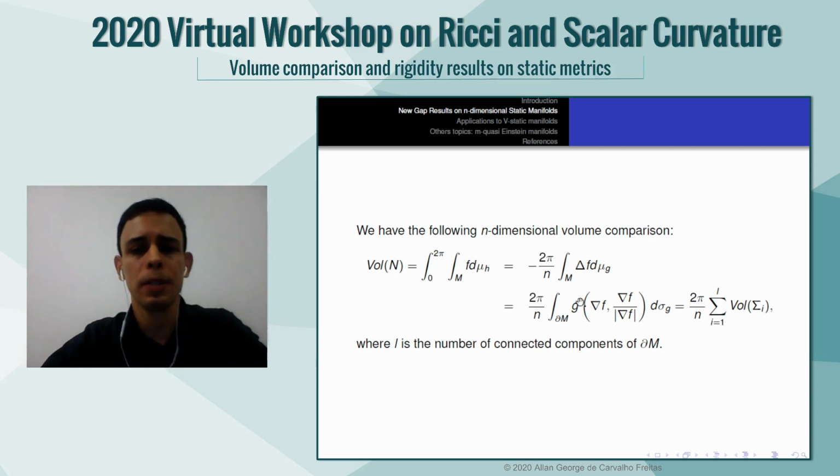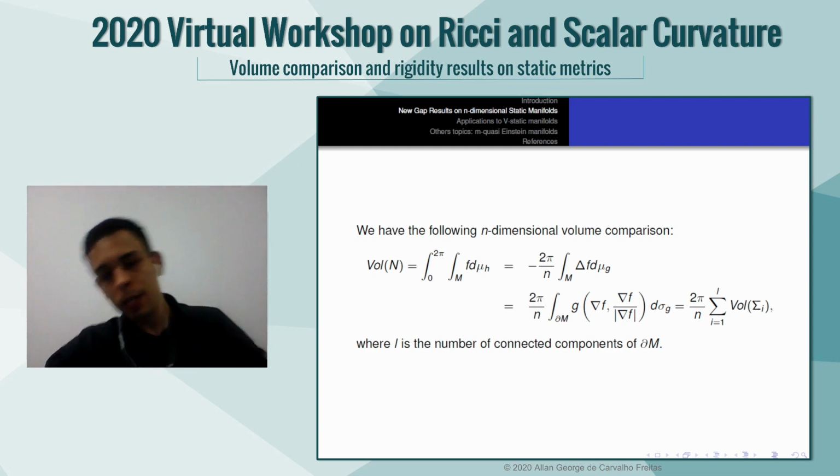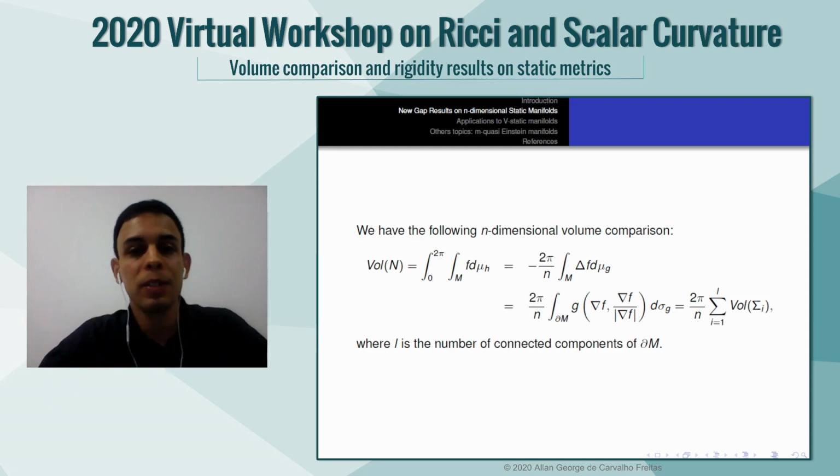Here we use the integration by parts formula, because the boundary is exactly a level set of zero, and here we use that the surface gravities are all equal to 1. So we can relate the volume of the new Einstein manifold with the volume of the boundary in a static manifold. And in fact, for Einstein manifolds, we have the Bishop-Gromov comparison theorem.